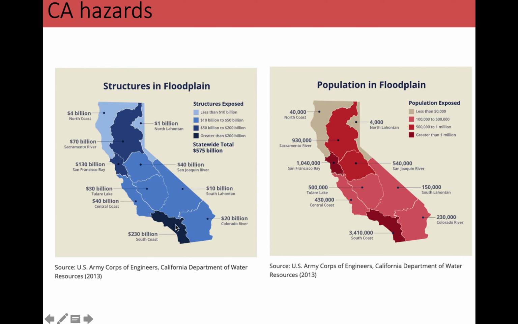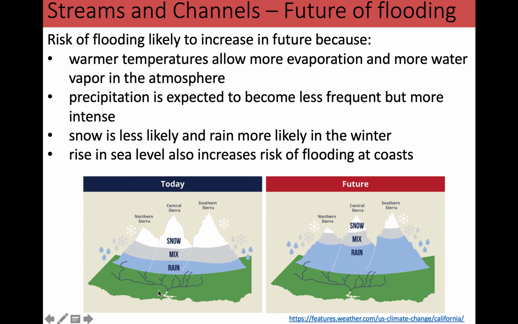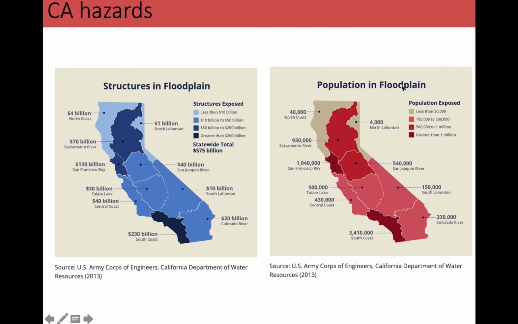We are the worst down here in southern coastal California, with $230 billion worth of structures built in flood-prone areas. And then the next one on the right just shows population. So how many people live in flood-prone areas. We have us with over 3 million, and also the Bay Area, so San Francisco area, with over 1 million people in flood-prone areas.